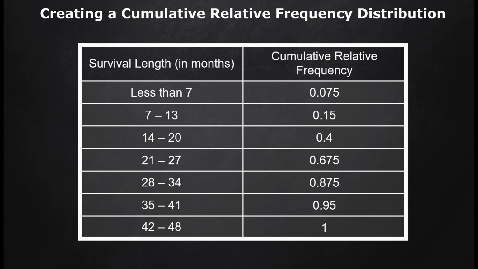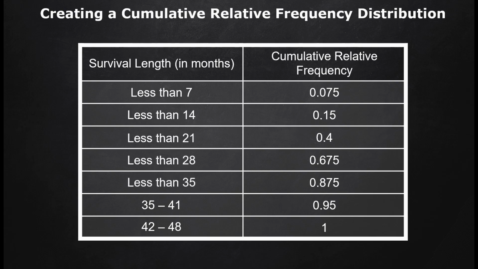So essentially what we're doing, we're dropping the range and we're just gonna write less than and then the next lower class limit. So the next class, the 7 to 13, we drop it, and it's going to be less than 14. And then we also drop the 14 to 20 to less than 21. And we do the same thing for the rest of the classes here.